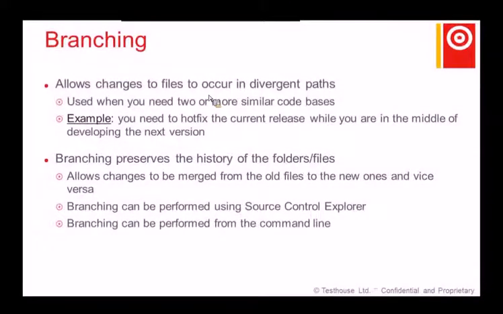In a similar vein, what a lot of organizations do is something called branching within a code control system. This is useful if you have a code base and a project for a particular product in your organization, and you want to do parallel development on that product.